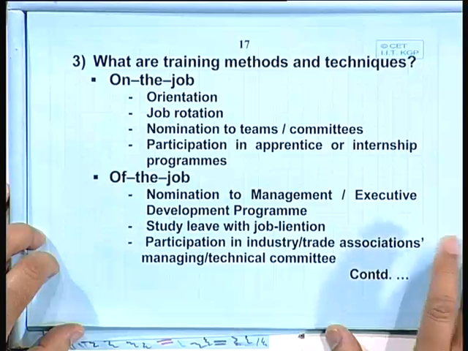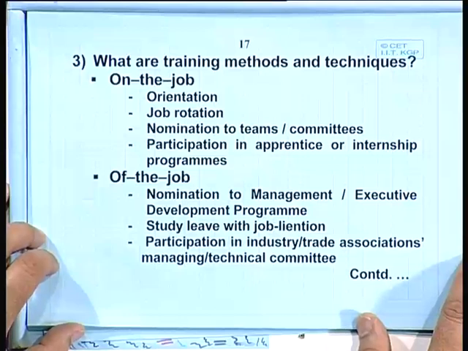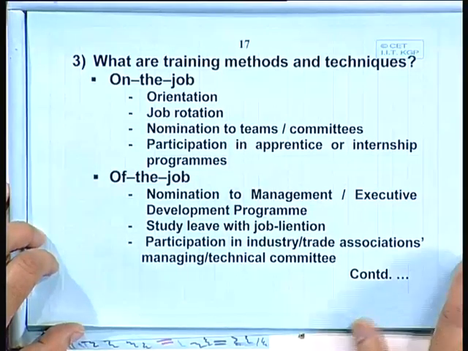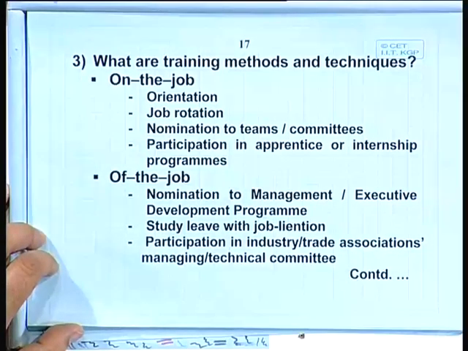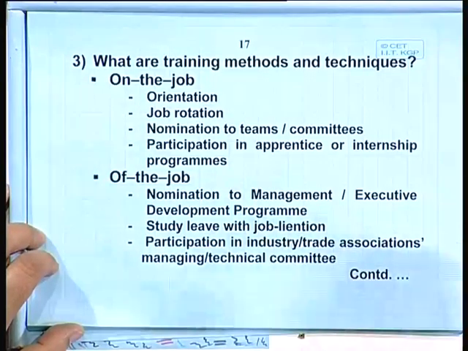Now, some of the training methods and techniques: on the job training, orientation, job rotation, nomination to teams and committees, participation in apprentice or internship program, that is the industry training which our BTech people go for. Okay. On the job and off the job is nomination to management or executive development programs like short term courses IIT runs.